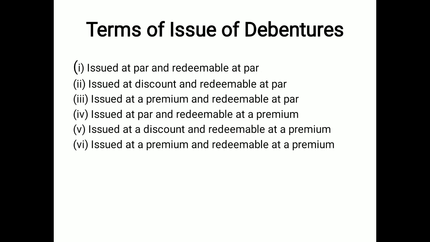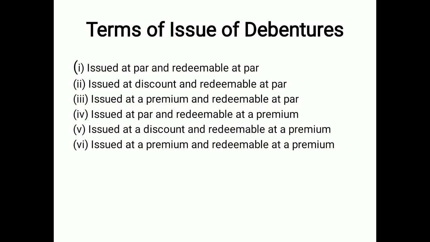Next is issued at par, where I am referring to the par, it means I am referring to the face value of a debenture. Now issued at par means 100 and redemption at premium may be 10, that means 110. Next is issued at discount, that means suppose after discount 95 and then repayable with premium, means 100 plus 10, that means 110.